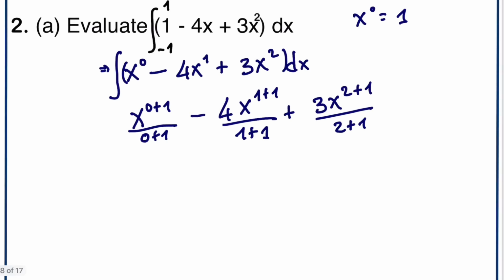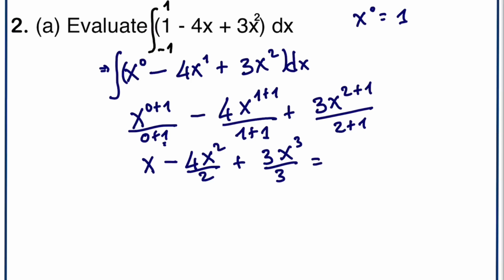So 0 plus 1 is 1, so here will just remain x because we divided by 1 as well. So this will be the same as minus 4 x to the power 2 divided by 2, plus 3x cubed divided by 3.